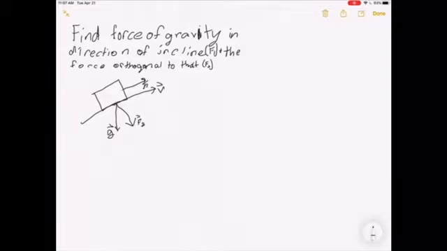We also had some information like the force of gravity being 12, but I'll get to that later. 12 newtons, that is. Okay.